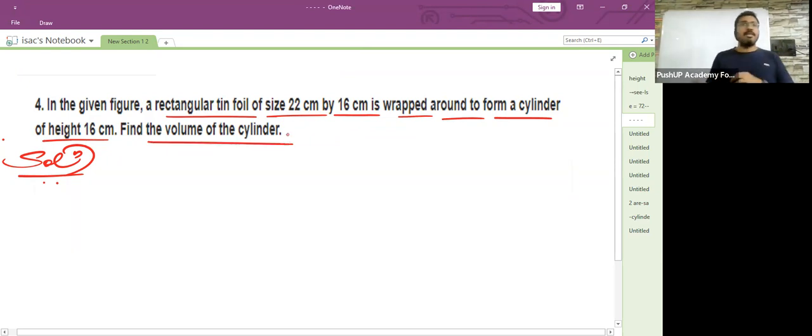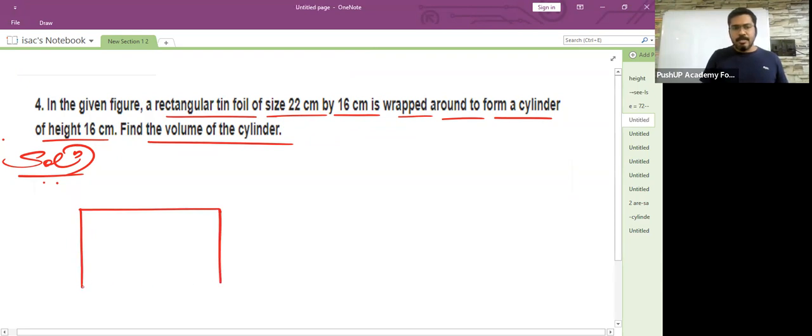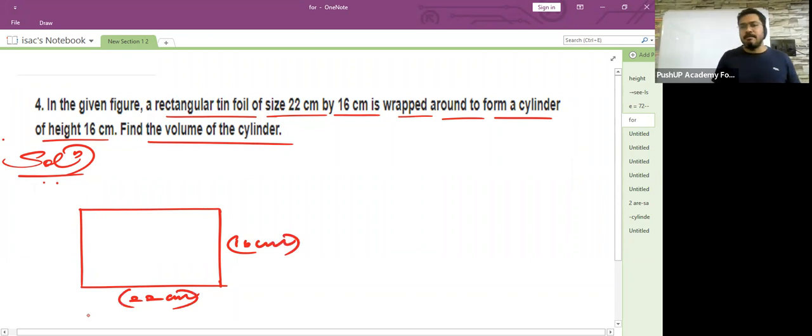All right. So they were initially talking about a rectangular tin foil, isn't it? So let this be the rectangular tin foil. Joanne, what is the length? It is 22 centimeters. What is the breadth? It is 16 centimeters. I'm just labeling it here.